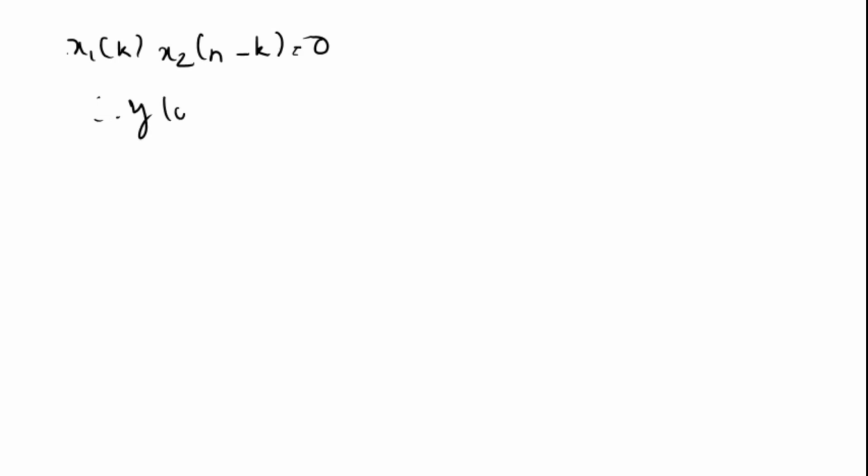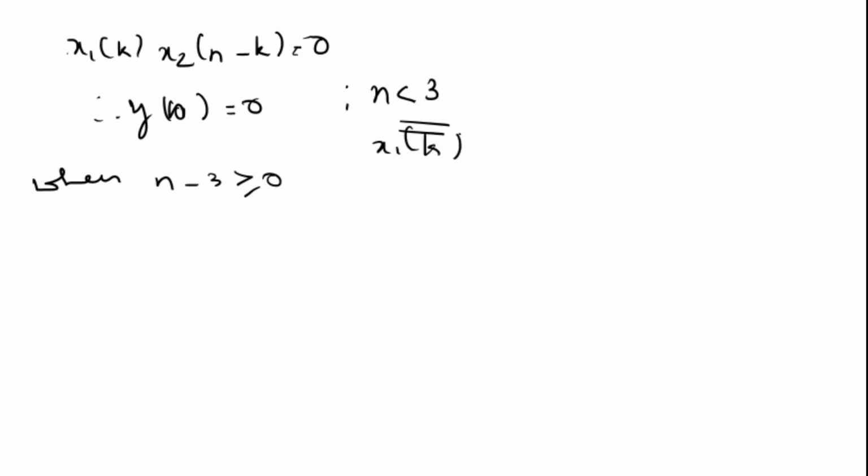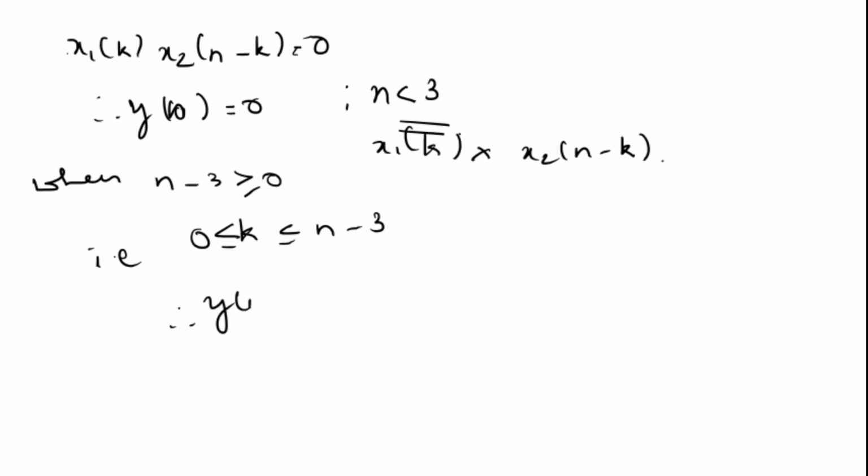Therefore, y of n is equal to 0 when n is less than 3. Now, when n minus 3 is greater than or equal to 0, we have to find out x1 of k into x2 of n minus k, which will give you the non-zero values, that is k varies between 0 to n minus 3.